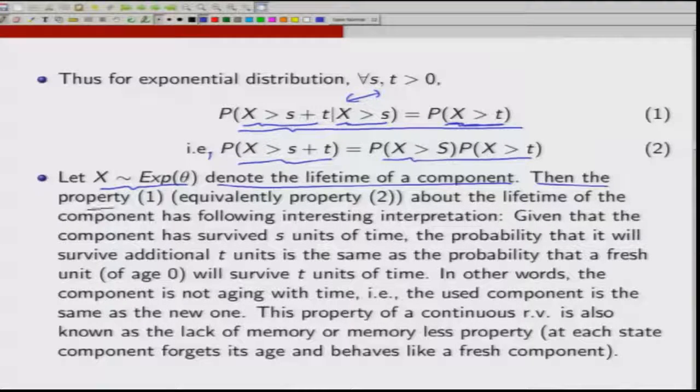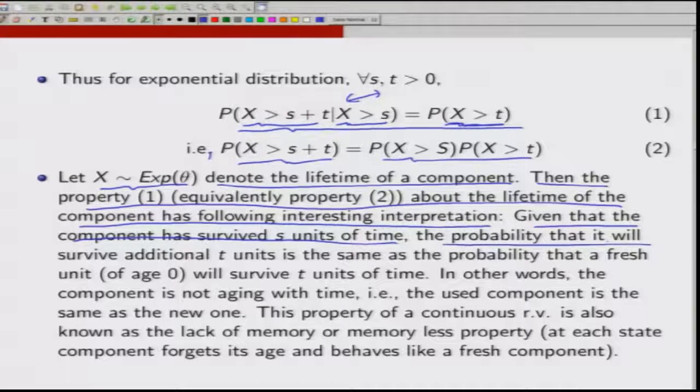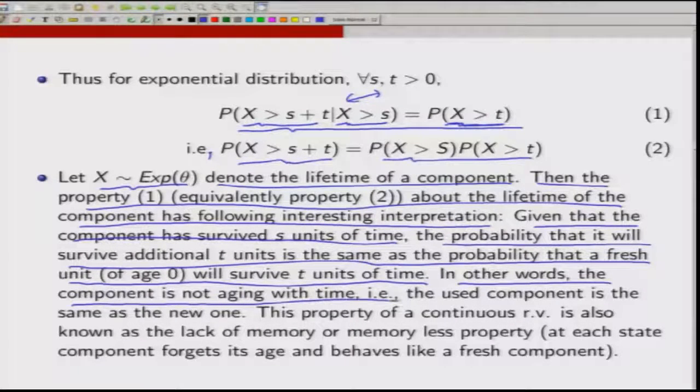Then the property about the lifetime of the component has the following interesting interpretation. Given that the component has survived s units of time, the probability that it will survive additional t units is the same as the probability that a fresh unit of age 0 will survive t units of time. In other words, the component is not aging with time. That means age has no bearing on its remaining lifetime.